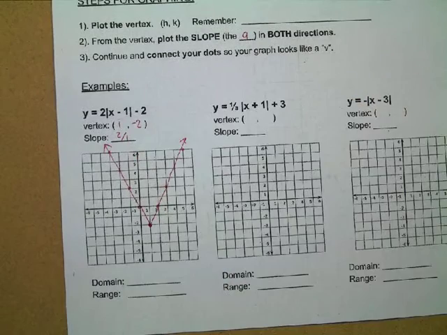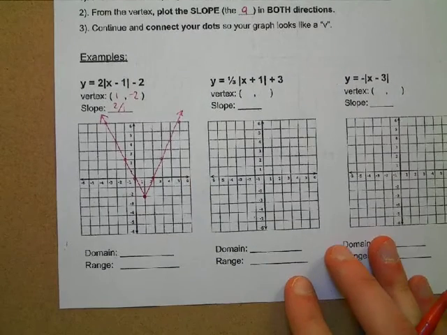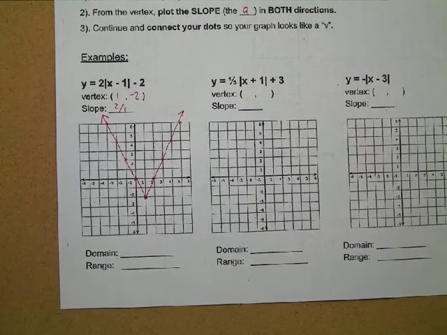Steady. Okay. Now here's some questions we didn't answer: domain and range. Domain describes all of the what coordinates? X coordinates. X coordinates go left and right, or up and down?